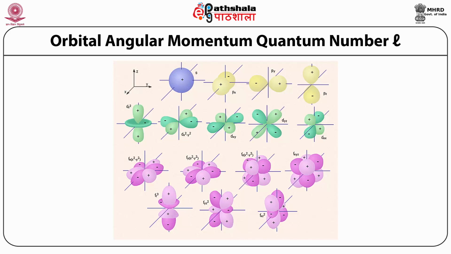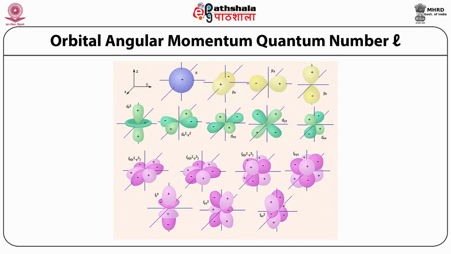The d orbital, corresponding to l equal to 2, having m equal to minus 2, minus 1, 0, 1, 2, has 5 orbitals, that is dz2, dxy, dyz, dxz, and dx square minus y square.